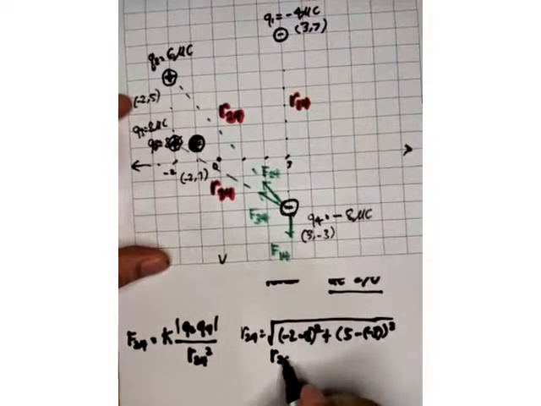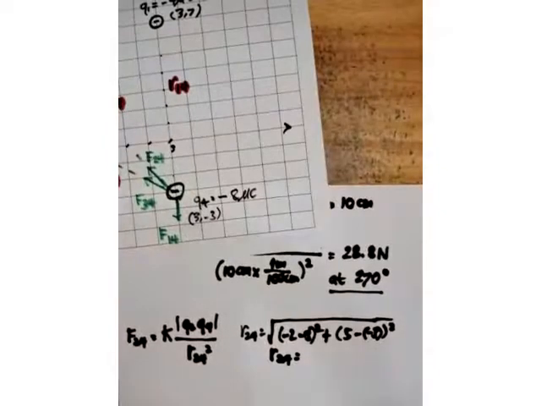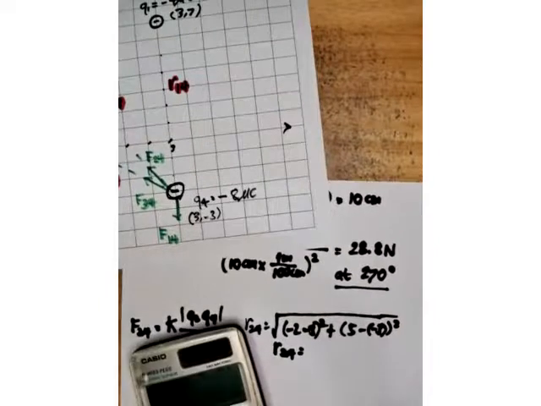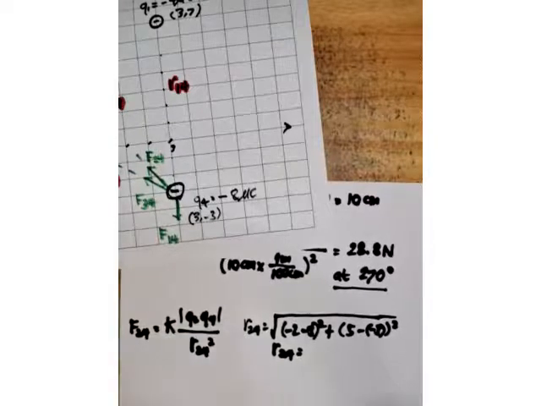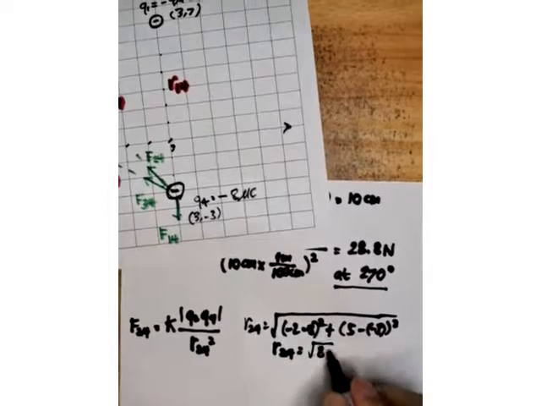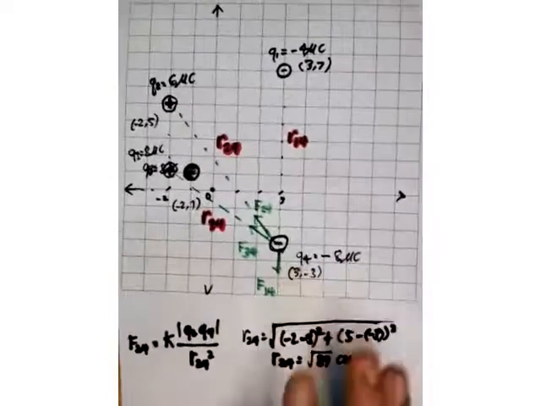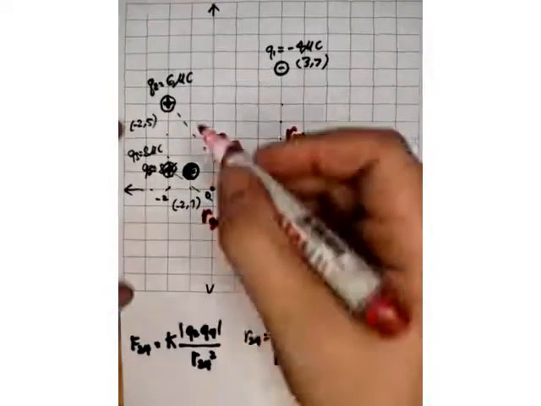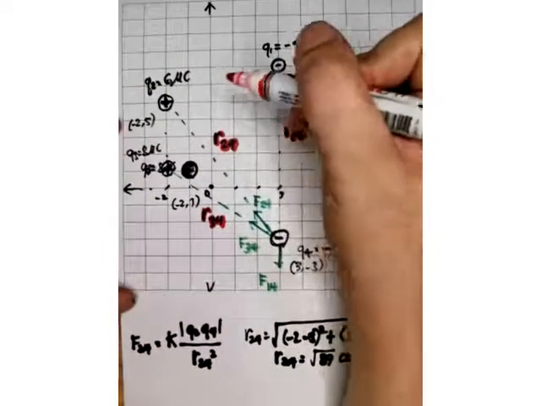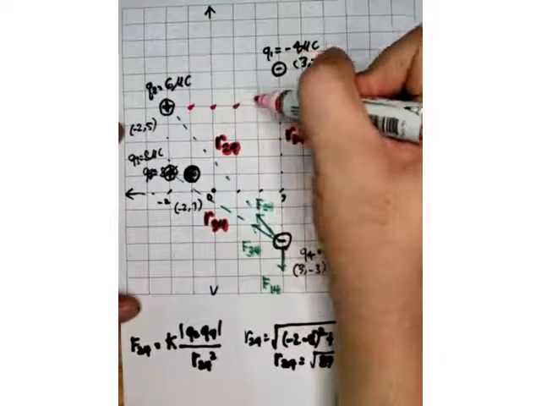So ang ating R24 ay square root of 89 cm. Okay. Square root of 89 cm. O kung ayaw ninyo, parang Pythagorean theorem lang naman yan. So, kukunin natin yung horizontal niya. 1, 2, 3, 4, 5.